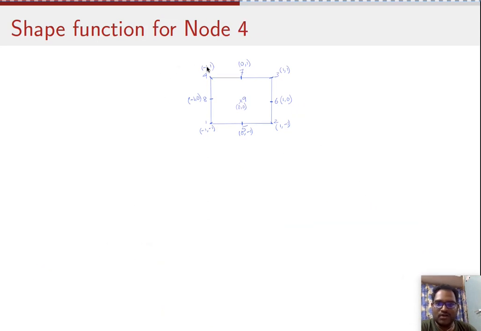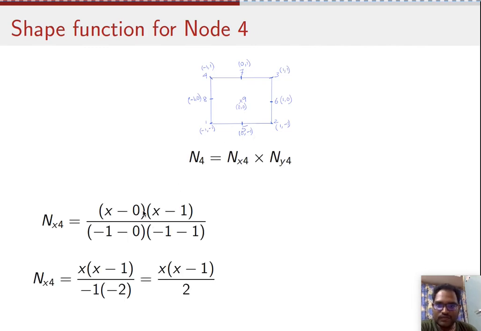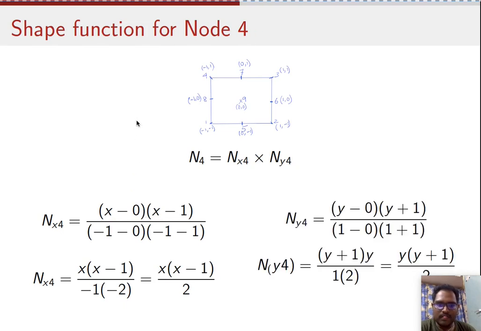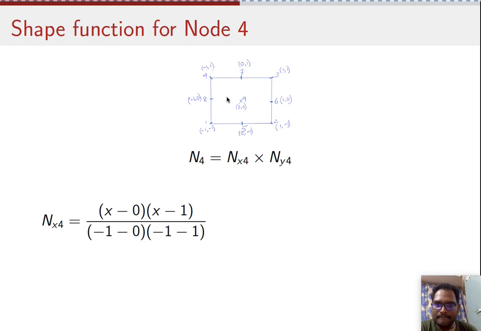Next is your fourth node. In the x direction, I'm sorry, here it is 0 and here it is 1. So you'll have 0 over here.